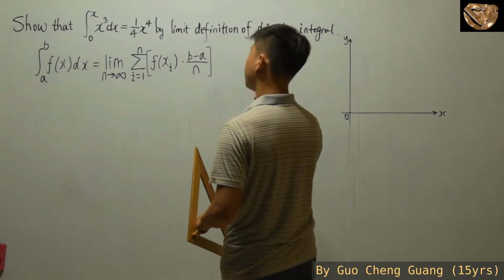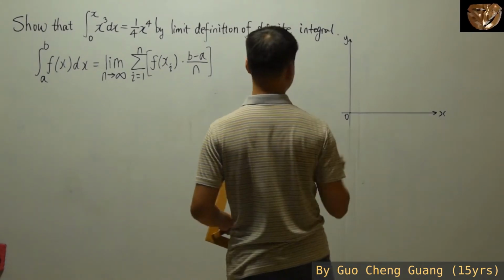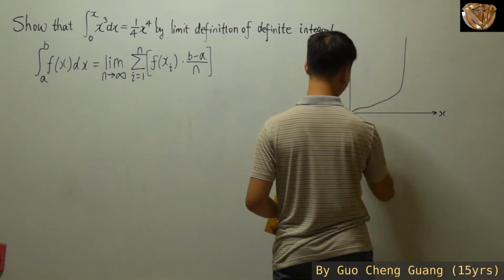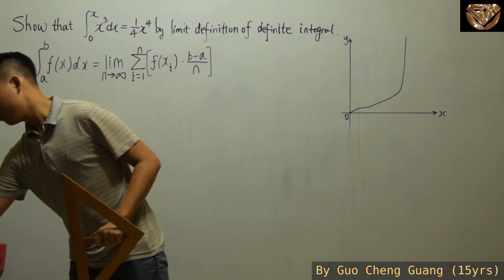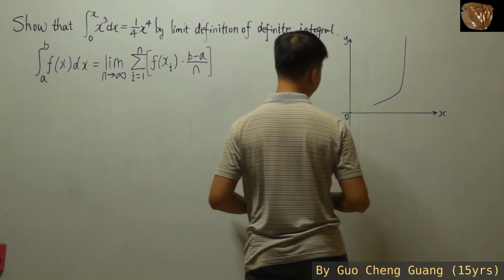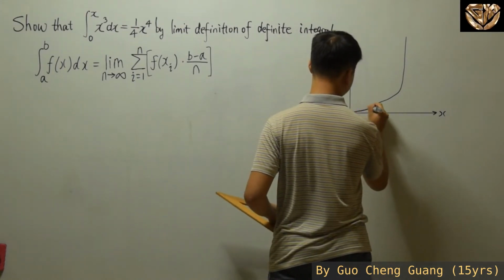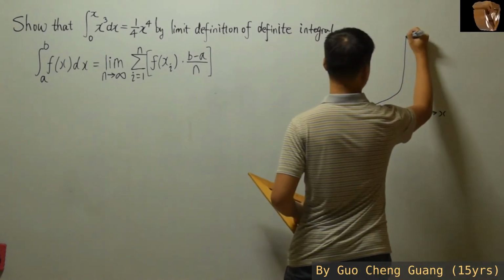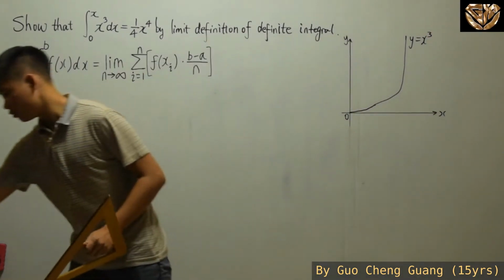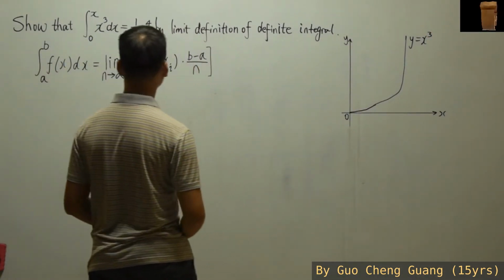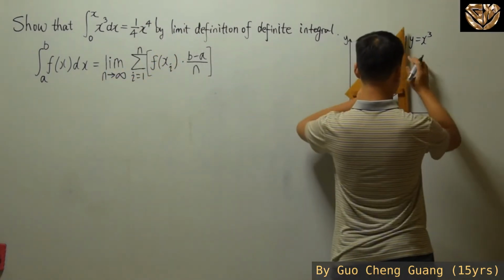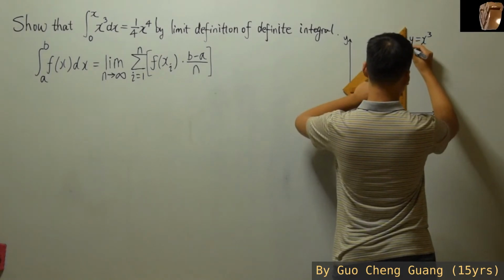Alright, so let's take a look at this. The graph of x cubed is somewhat like the graph of x squared, but it rises much quicker, while at the beginning, closer to 0, it actually rises a lot slower. Alright? So this will be the graph of y is equal to x cubed. Now, since we need to integrate from 0 to x, assuming x is positive, that means it can be somewhere on this side.